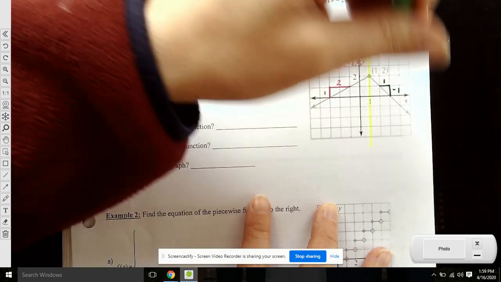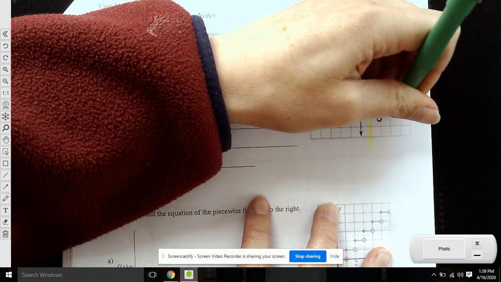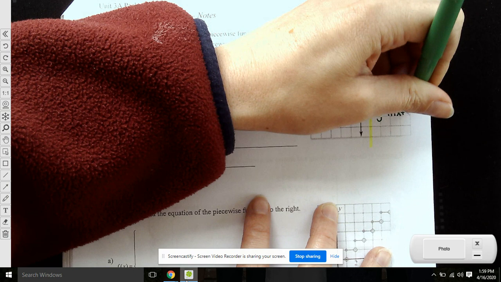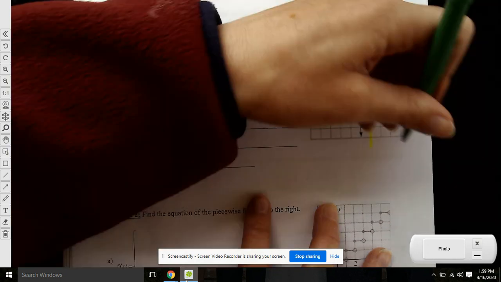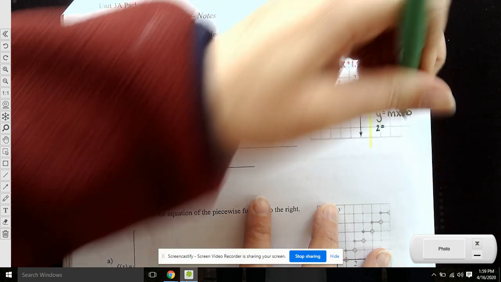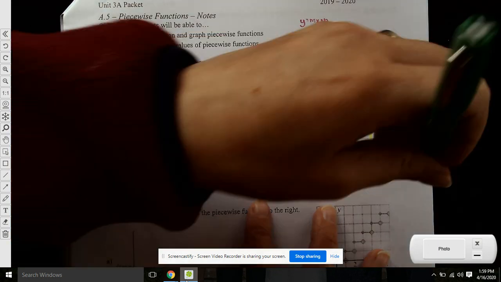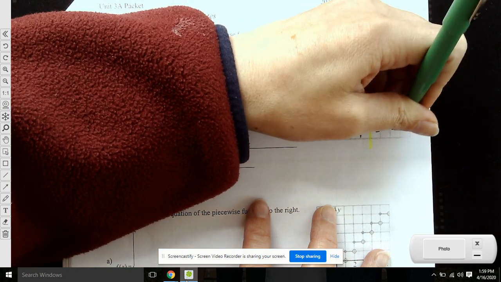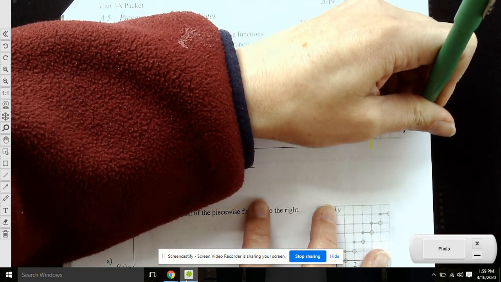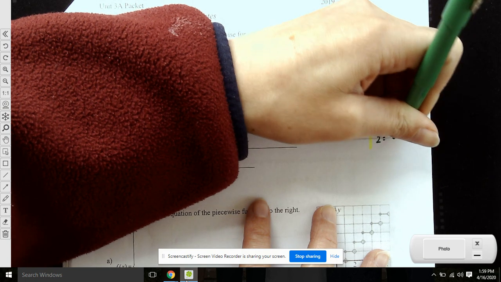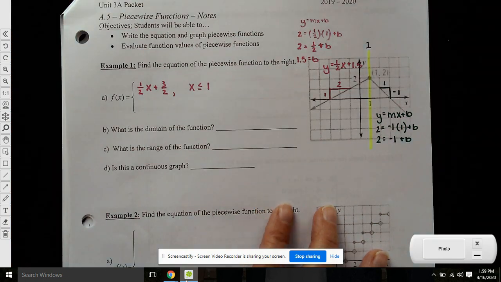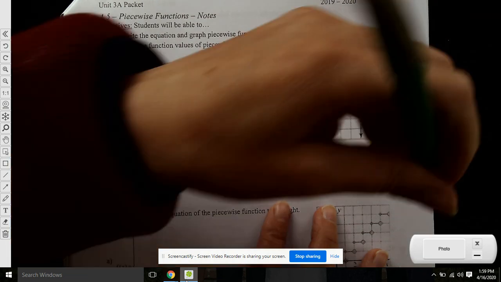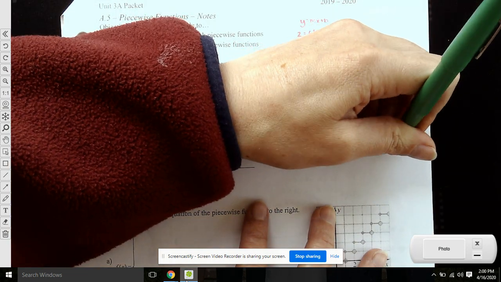So if I'm doing y equals mx plus b for that one, and I'm using that point (1, 2) since that's also on this line, I have 2 equals -1 times 1 plus b. So 2 equals -1 plus b. And if I add 1 to both sides, I get 3 equals b.